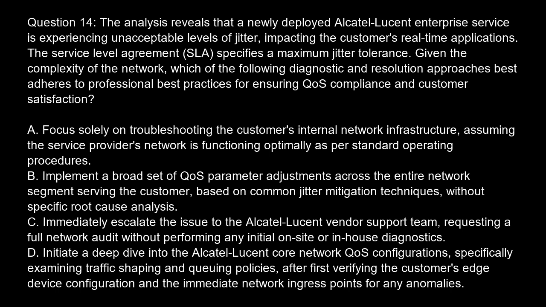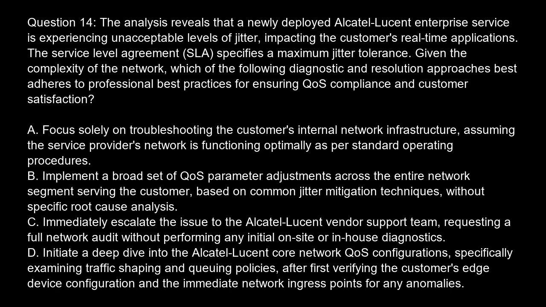Option A. Focus solely on troubleshooting the customer's internal network infrastructure, assuming the service provider's network is functioning optimally as per standard operating procedures. Option B. Implement a broad set of CoS parameter adjustments across the entire network segment serving the customer, based on common jitter mitigation techniques, without specific root cause analysis.